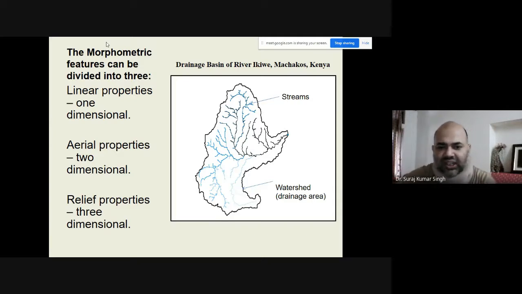These are the streams, and the outer boundary is denoted as the watershed area. When you use satellite images, they provide a real representation of the terrain, and you can easily demarcate the different objects and different earth units.